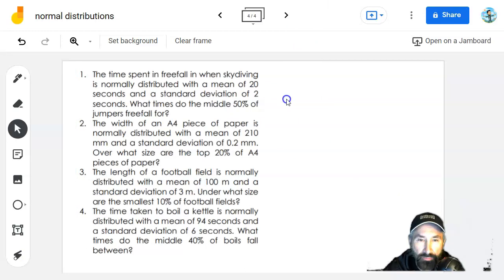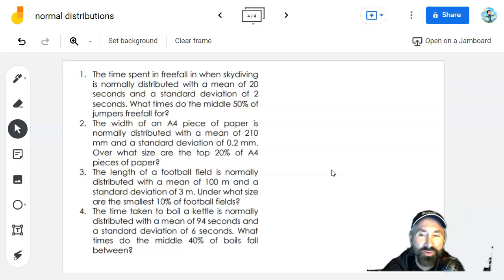Let's take a look at a problem here. The first one's a little tricky. The length of a football field is normally distributed with a mean of 100 meters and a standard deviation of 3 meters. Now, I gotta be honest, I don't know that this is a realistic calculation.